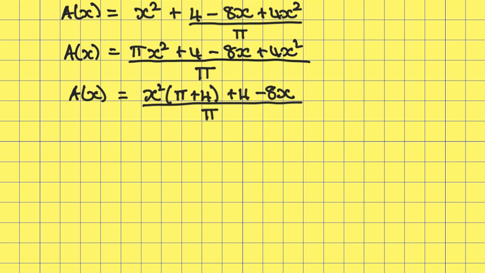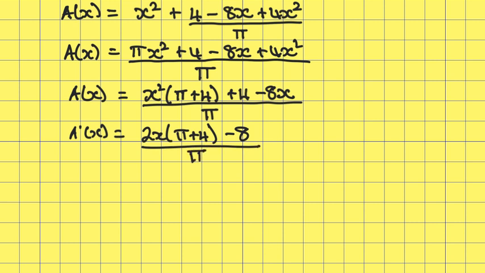Now I need to differentiate, so A dash of x is equal to 2x times pi plus 4. Remember, pi plus 4 is just a number. The differential of 4 is 0. Differential of minus 8x is minus 8 all over pi.